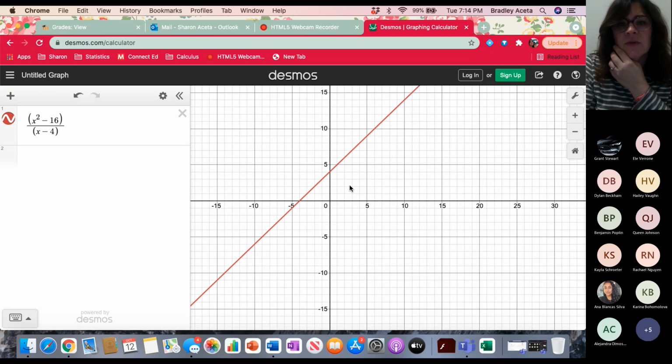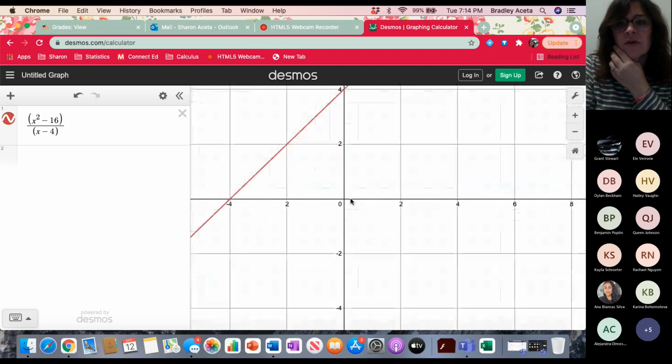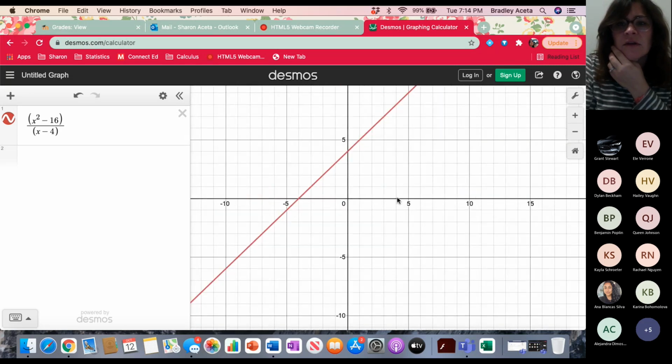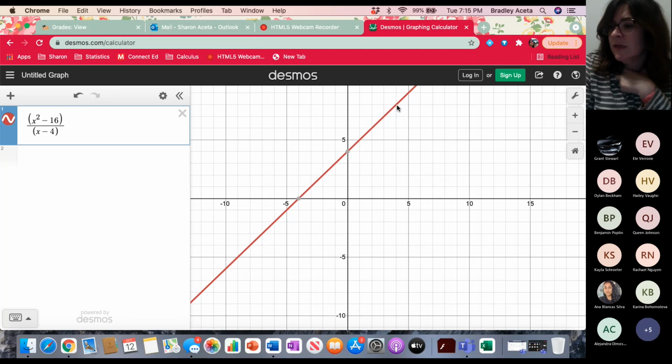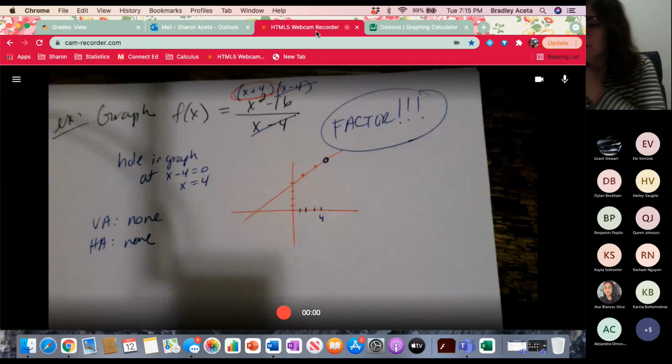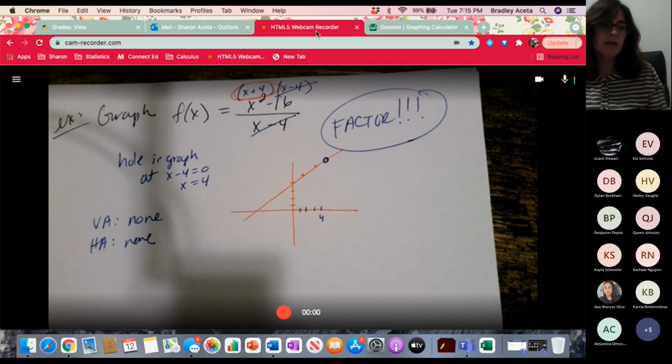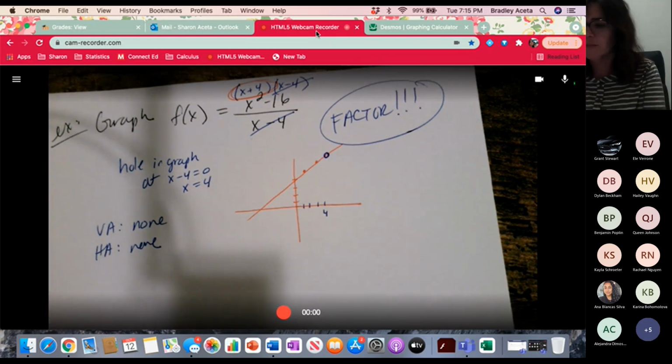And let's see if we can move our cursor. Here's 4. So I'm going to try to see if I can just move it. Oh, I saw it. There it is. 4, undefined. There's a hole in the graph right there at 4. And again, if it cancels, it's a hole in the graph. So again, big idea, please, please, please. Factor, factor, factor.